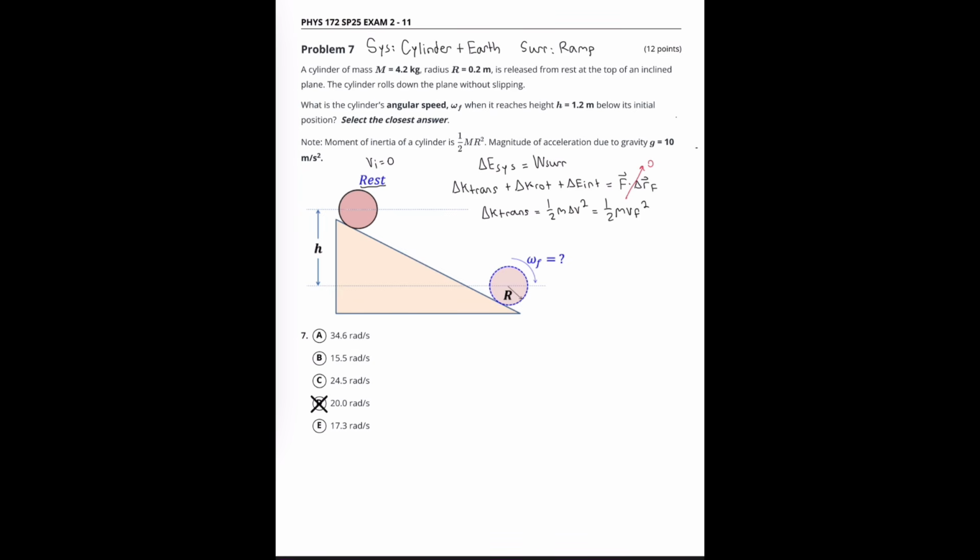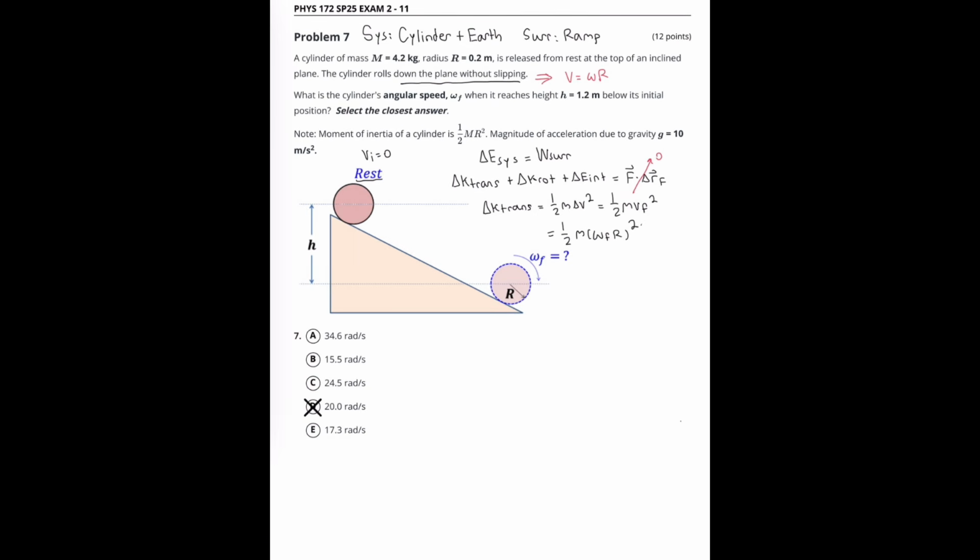And from our problem statement, the cylinder rolls on the plane without slipping, which indicates to us that the velocity is equal to omega r. So we can rewrite our change in translational kinetic energy as 1/2 m times omega final r squared.